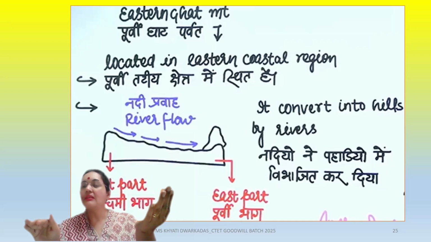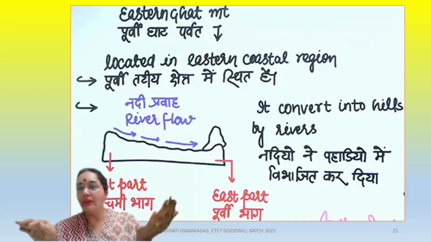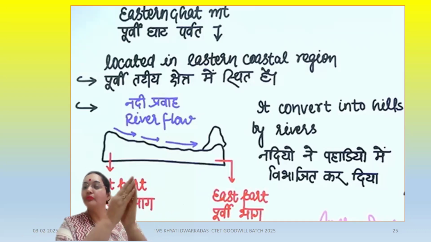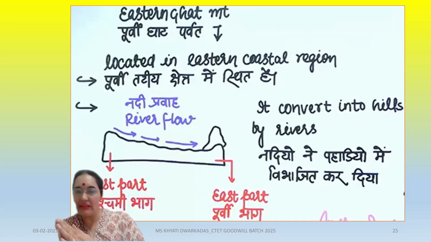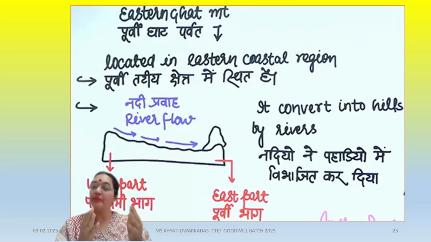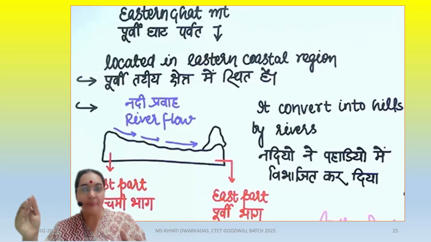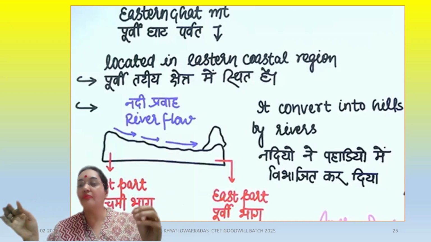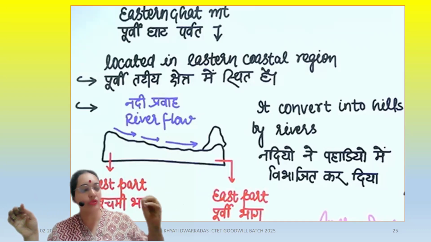In the east, the Deccan Plateau is lower. Because of that, the rivers on the Deccan Plateau flow from the west to the east. So instead of flowing into the Arabian Sea, which is close to them, the rivers take a longer route and flow down to the Bay of Bengal.